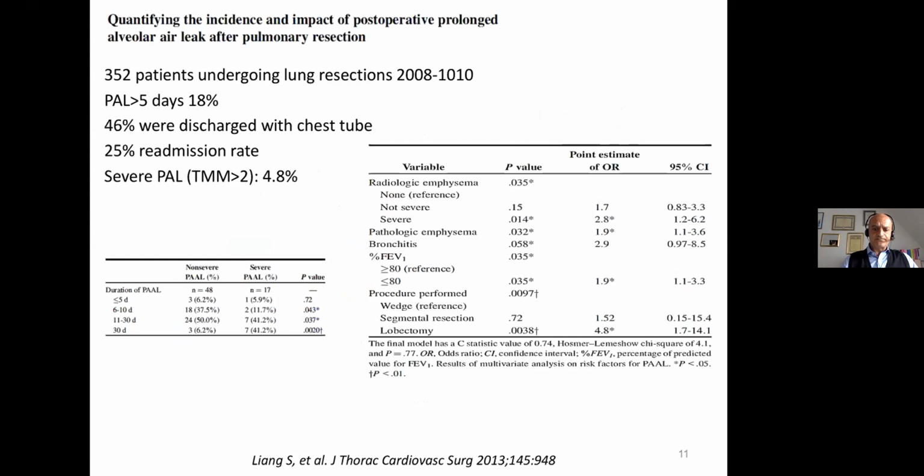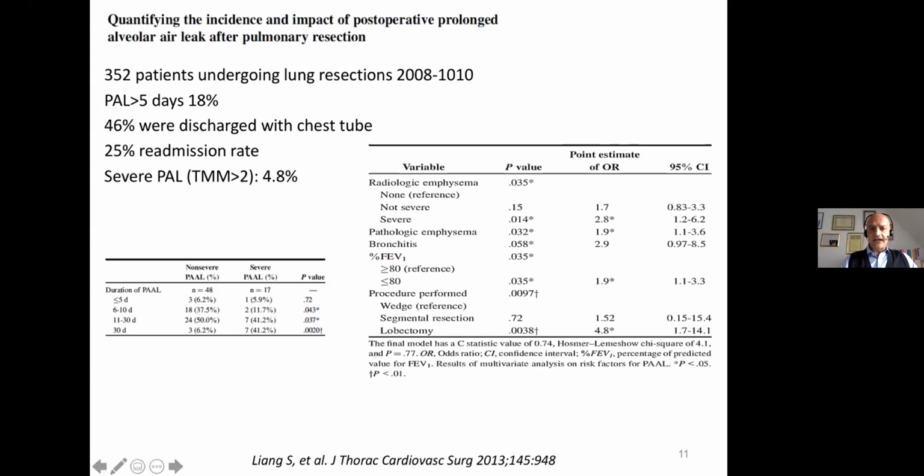This is a paper published in JTCVS on 350 patients. The incidence of prolonged air leak was 18%. Again, 46% were discharged with the chest tube, and you see the readmission rate was similar to our series, 25%.